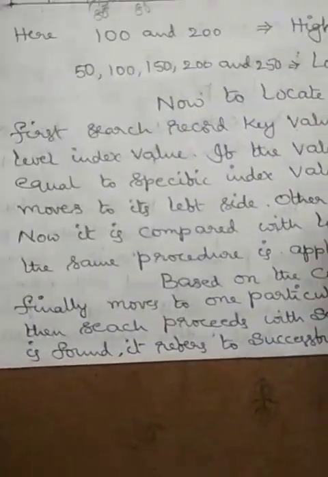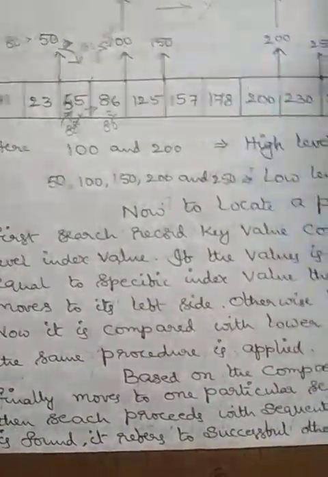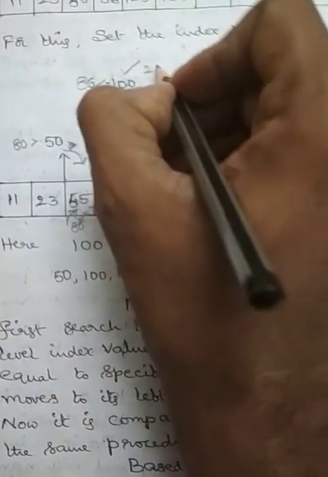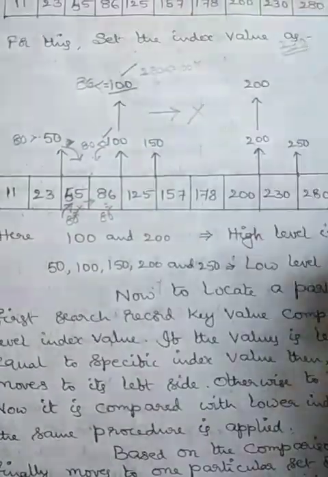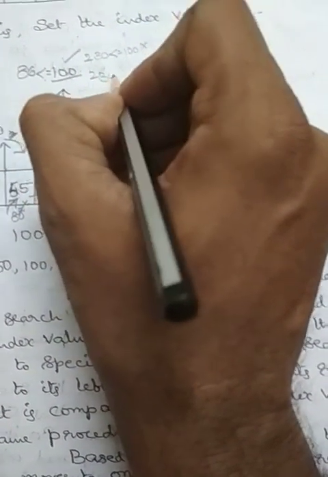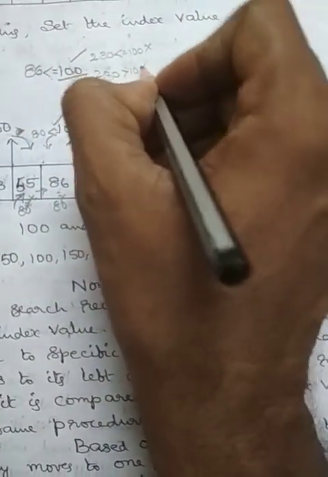Similarly, let us assume that I want to find the location where 230 is present. First we compare 230 with 100. Is 230 less than or equal to 100? False. Next, 230 greater than 100 is true.